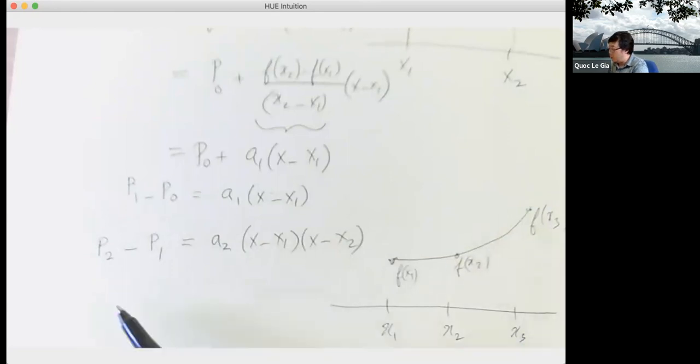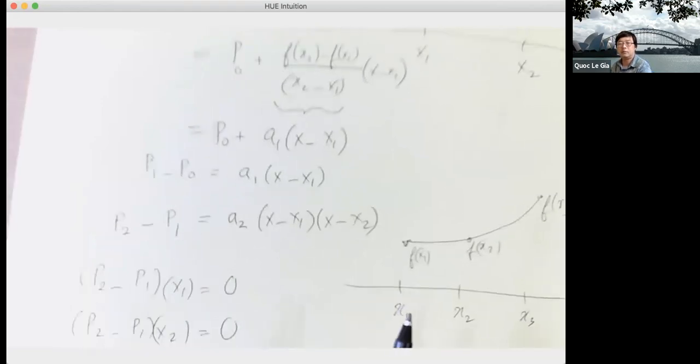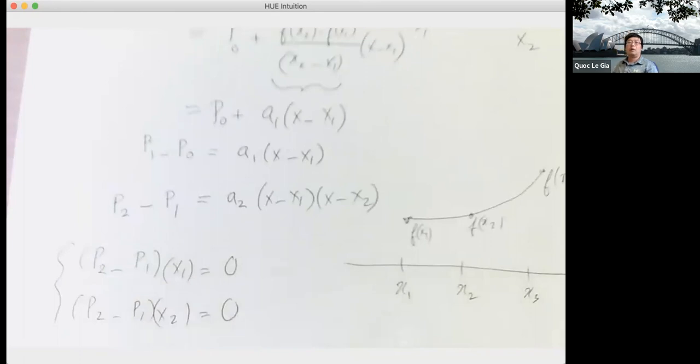Because remember P2 minus P1 at x1 has to be equal to 0, and P2 minus P1 at x2 has to be equal to 0. That's a definition. So therefore, P2 minus P1 has to be a product of (x minus x1) times (x minus x2), multiplied by some constant.